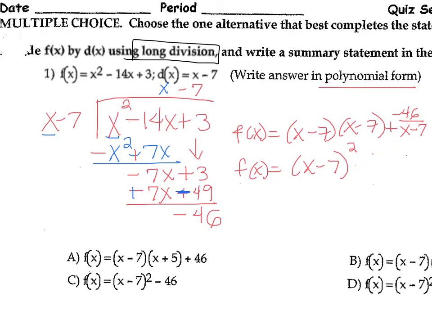So you can just leave it like that. This is polynomial form, and you don't really need to have it in polynomial form. And that was C.